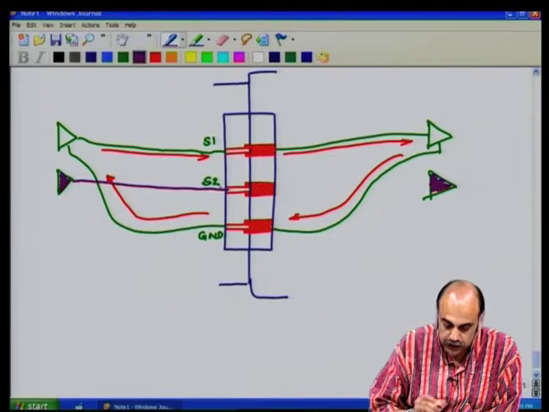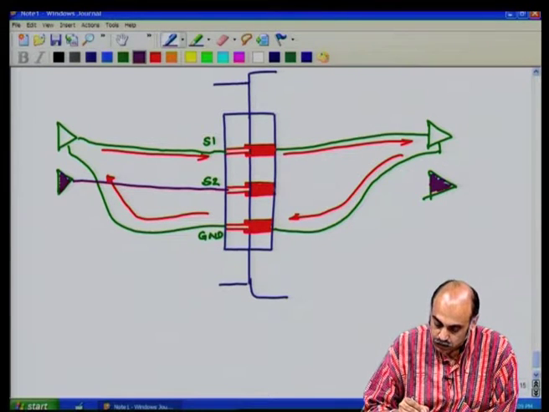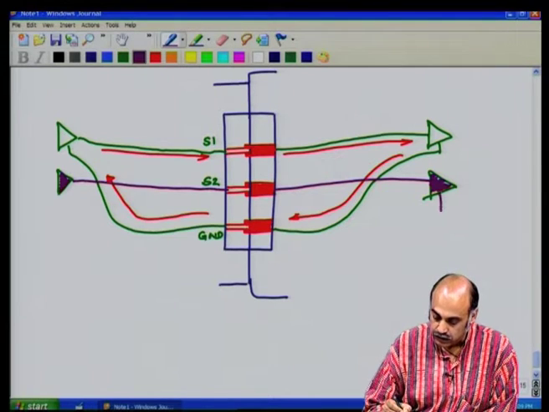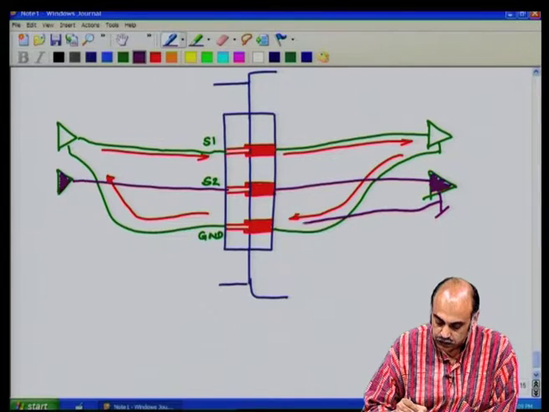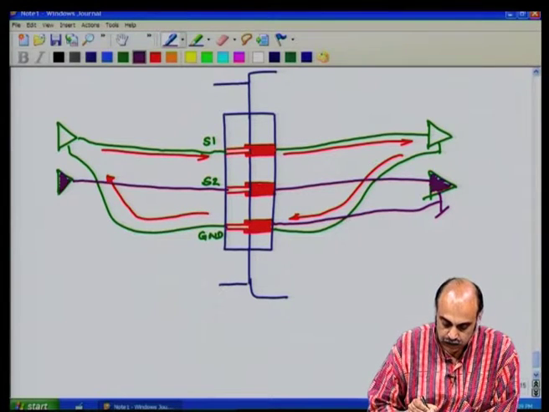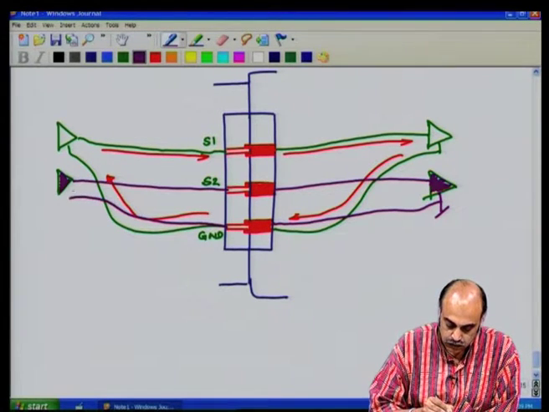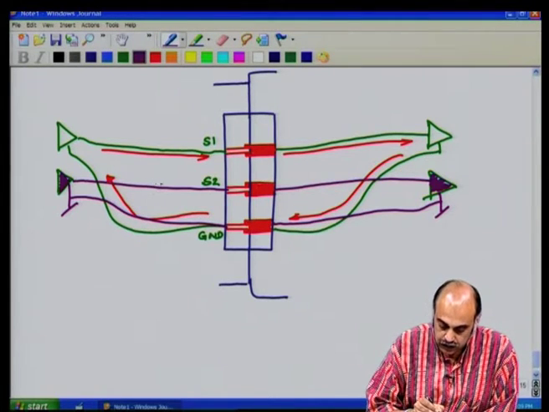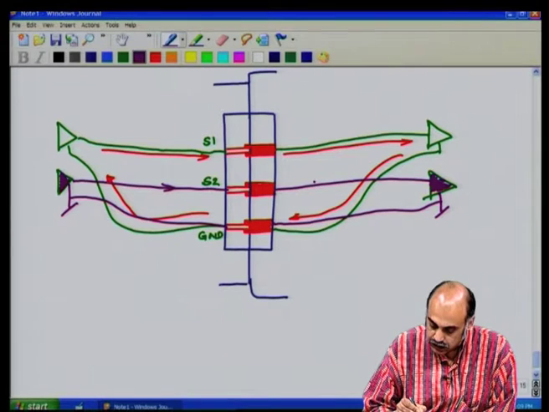It goes through like this, goes to this input, and then from this ground it will go into this pin, and then from this pin to this ground. So, you have the forward current and the return current.